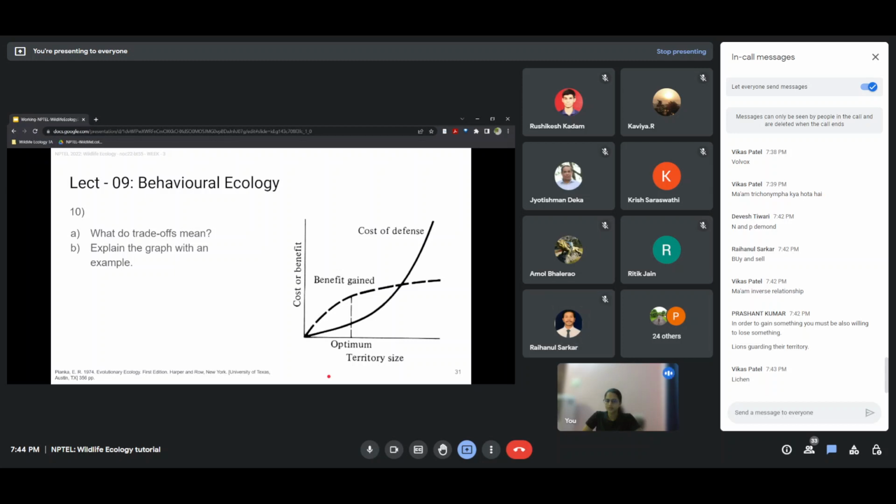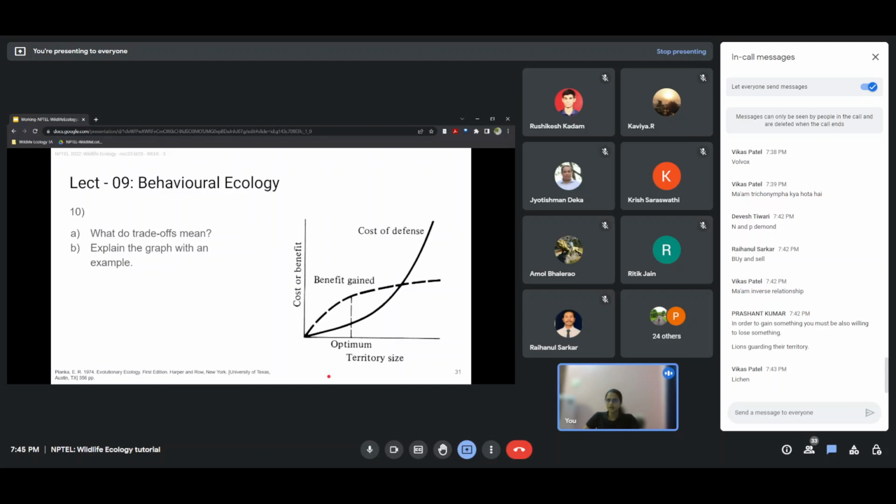Right, exactly. So where you're getting the maximum benefit and the minimum cost is your optimum territory size, and this can be any kind of interaction. For example, a bird needs to travel X distance to gather food, right?